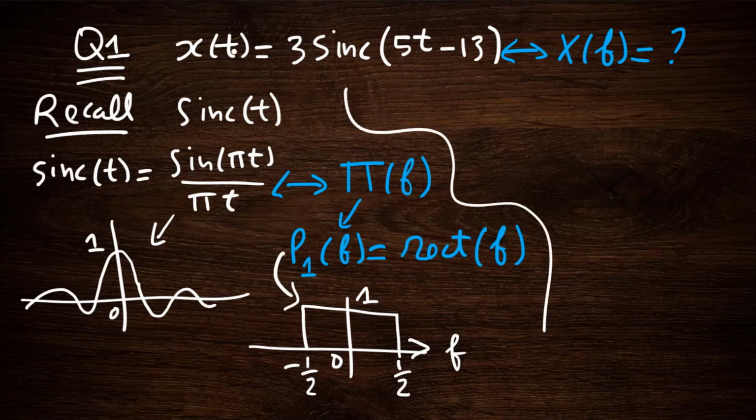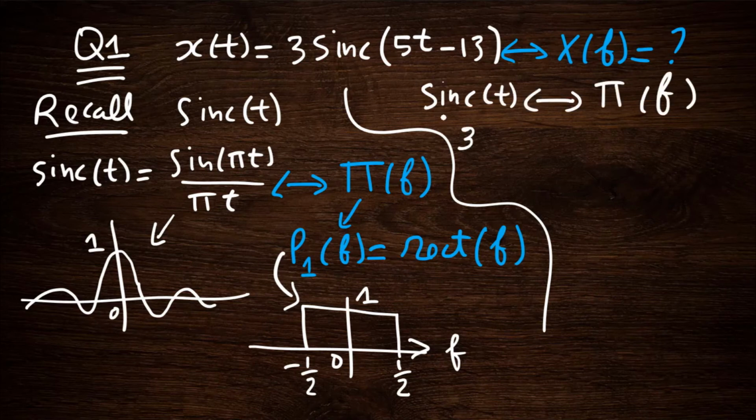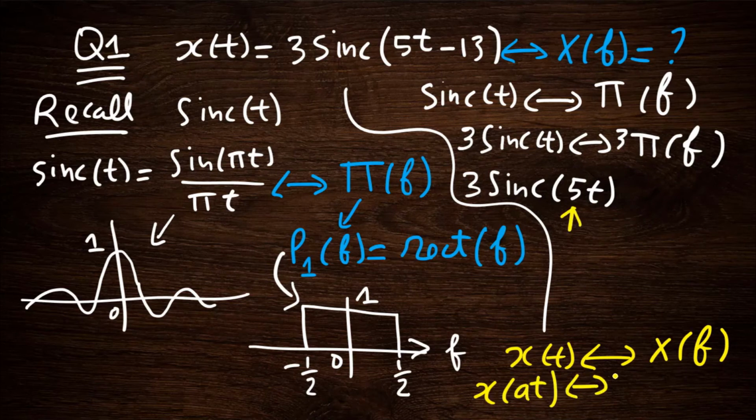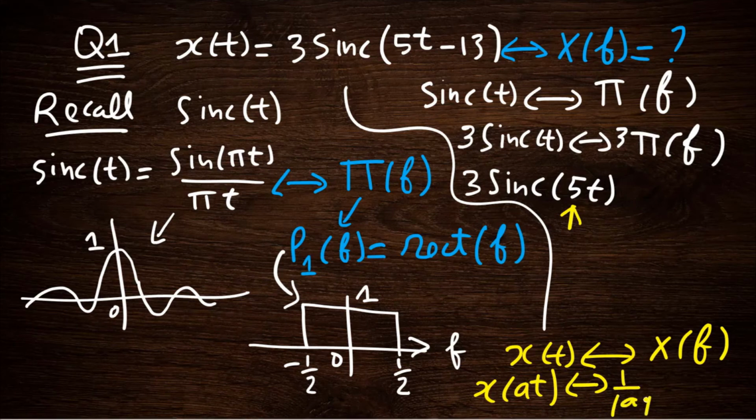We can now find the Fourier transform of x of t. We start with sinc of t, whose Fourier transform is pi of f. Multiplying sinc by 3. If the Fourier transform of x of t is X of f, the Fourier transform of x of at is 1 over absolute value of a times X of f over a.